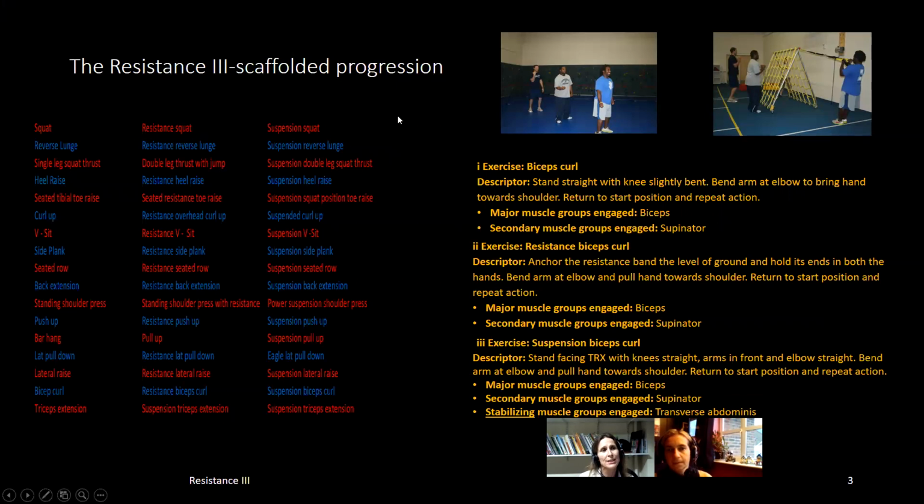Across our notebooks, all of our students would have a setup whereby they would see the basic skill of focus. For example, this one is a bicep curl, and then they would get the descriptor, primary and secondary muscles, and then they would see it progressed from the second iteration with the resistance band and the third with the suspension bicep.